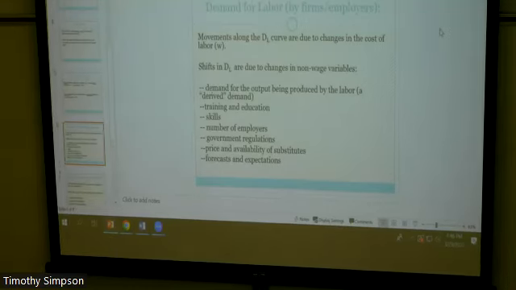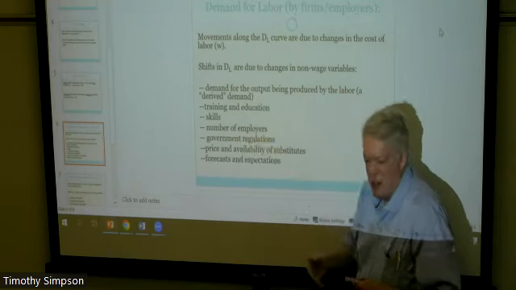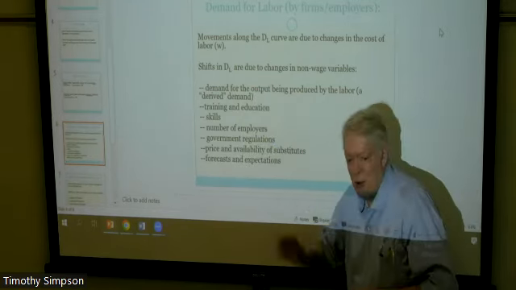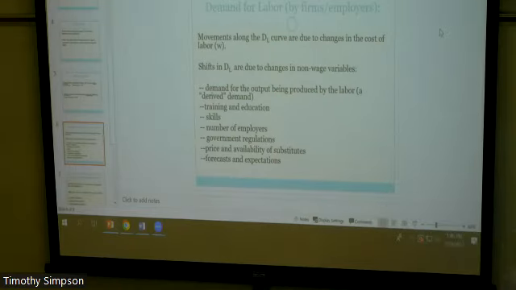I don't have special skills to make pizza, but you kind of get the idea, whatever it is. So if the number of employers goes up because the demand is derived from the demand for the good itself, then the labor will be a function of that. And if it goes in the other direction, obviously everything reverses itself.